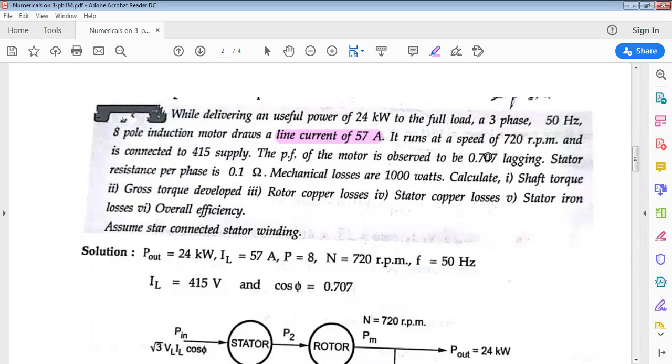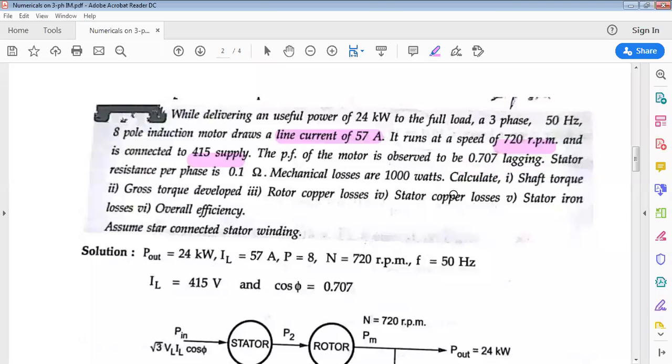Okay, so everyone read the numerical. Speed is given to you, full load speed. Input voltage is given, again it's a line voltage, and which value? RMS value. Okay, power factor of motor is observed to be 0.707 lagging.